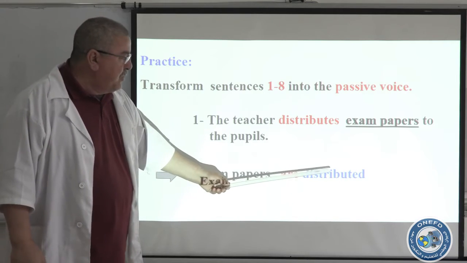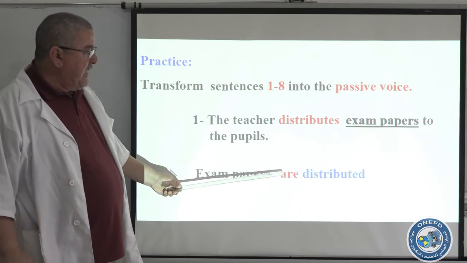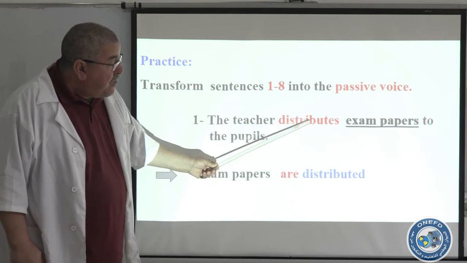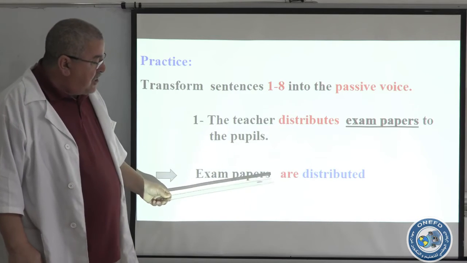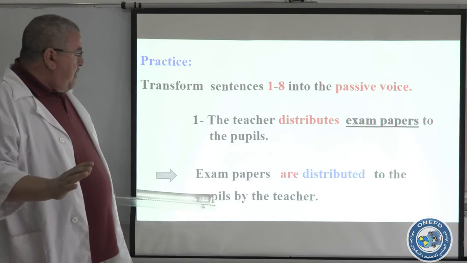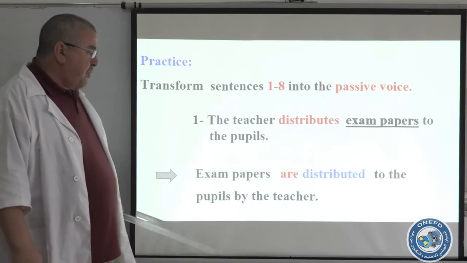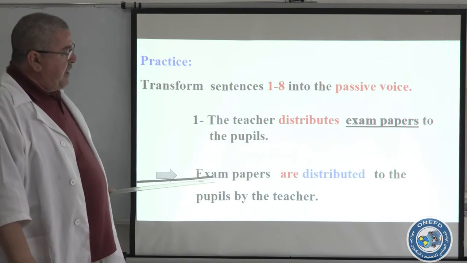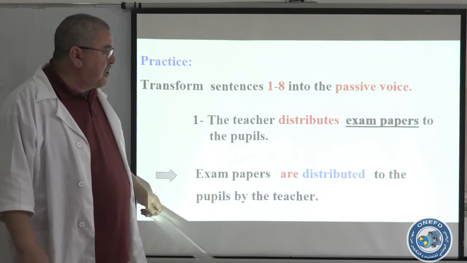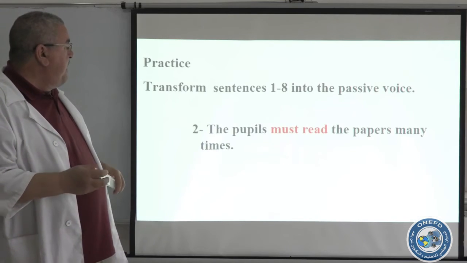Are distributed. You remember we said the verb is to be plus past participle of the verb in the active sentence. So are distributed to the pupils by the teacher, or by the teacher to the pupils. It's not important. The exam papers are distributed to the pupils by the teacher. Let's go to the following sentence.